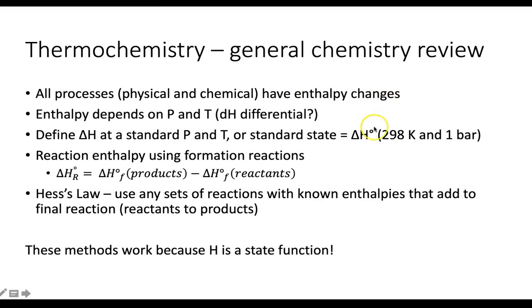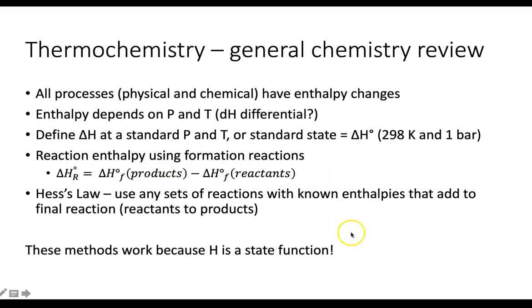We use a little symbol, which I don't have in PowerPoint, the standard state symbol above the delta H, that shows it's defined at those particular pressure and temperature. Our reaction enthalpy you could determine by calorimetry, which we're not going to talk about here, or you can determine it using other sets of reactions.